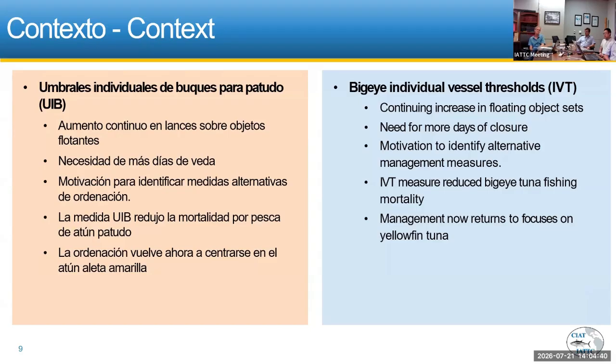But because the closure days were getting high, this motivated stakeholders to consider alternative management measures like the IBT, which was successful and reduced the catch of big eye tuna and the fishing mortality of big eye tuna. And one thing that's caused is that big eye tuna is no longer the species of most concern. And actually yellowfin tuna has become the focus of our management.